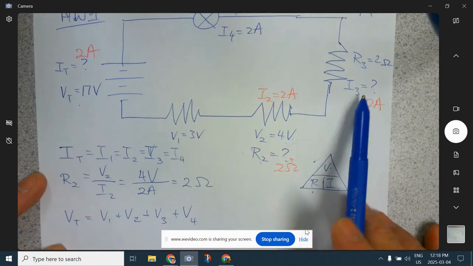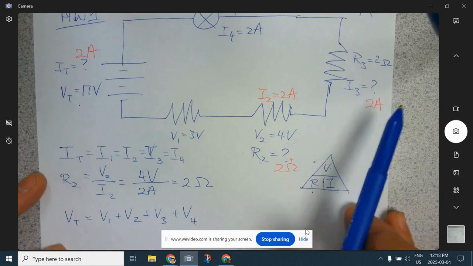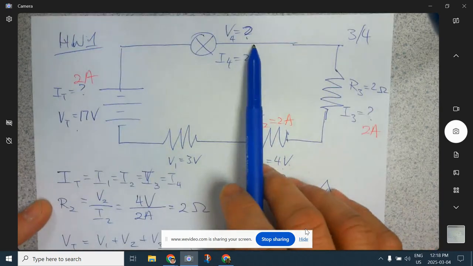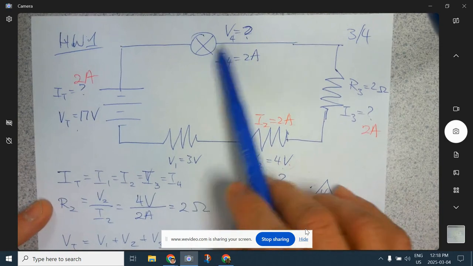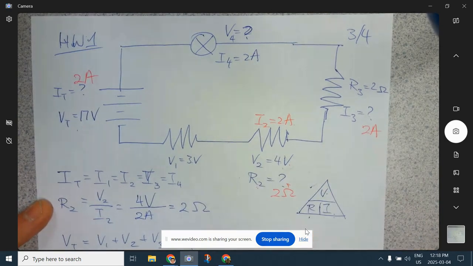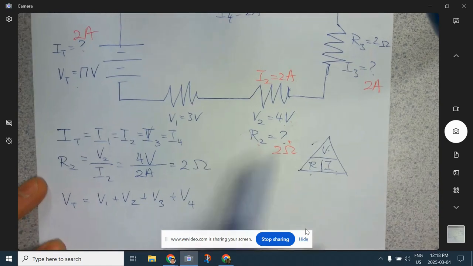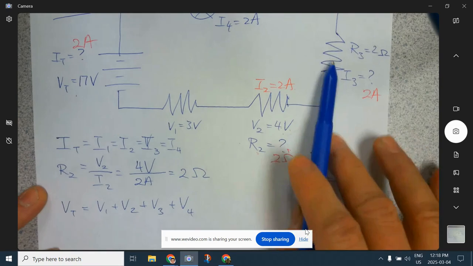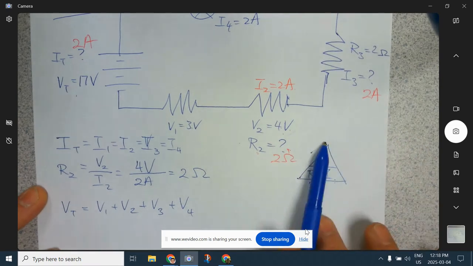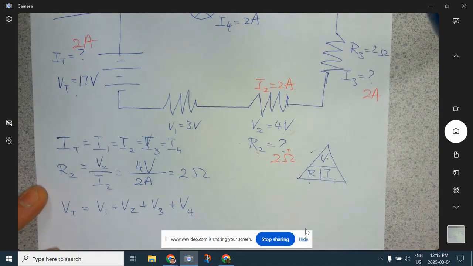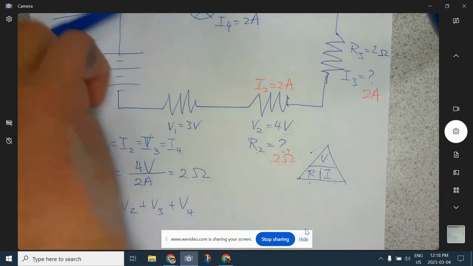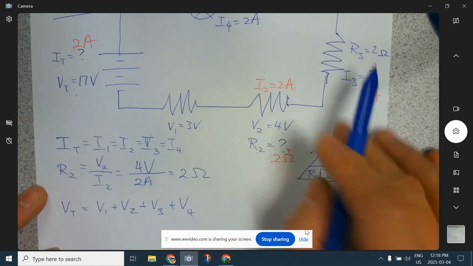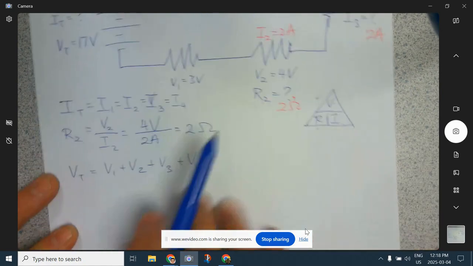But the problem is that at the moment, we don't have V3, and certainly we need to find V4. We don't have enough information from here to figure out what V4 is. So in this case, we go back over here, and we can use Ohm's law again to find out what V3 is.